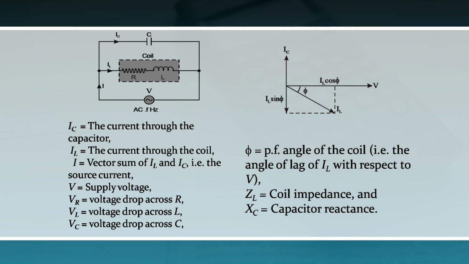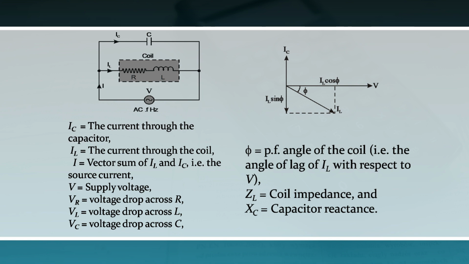V suffix C is the voltage drop across capacitance. And phi is the power factor angle of the coil, or you can say the angle of the lag of IL with respect to the applied voltage, or supply voltage capital V. This Z suffix L is the coil impedance, and X suffix C is the capacitive reactance of the circuit.